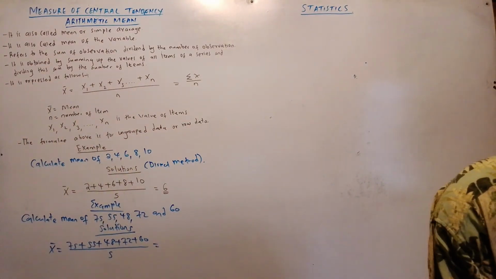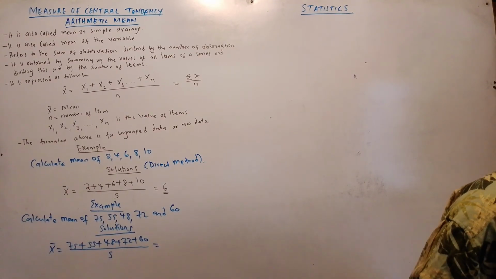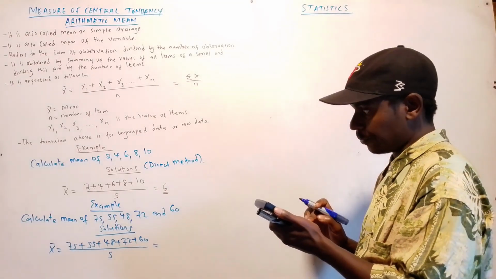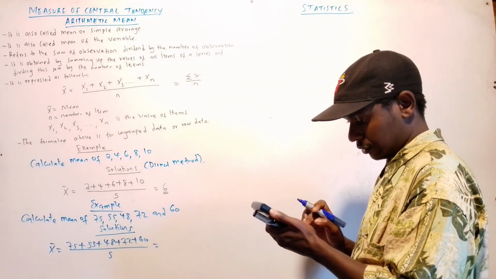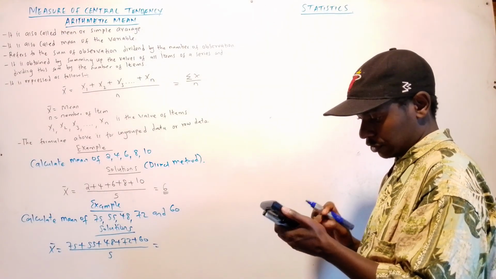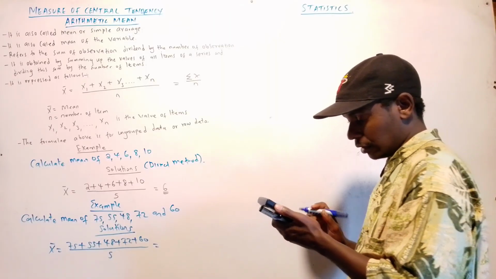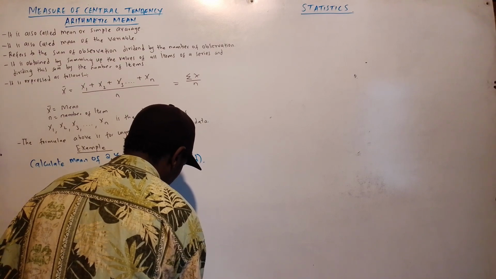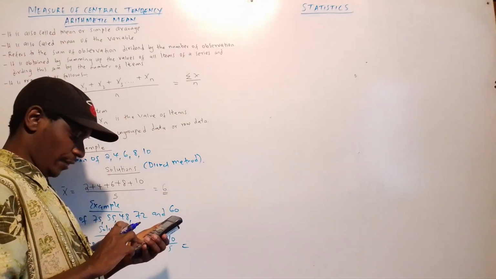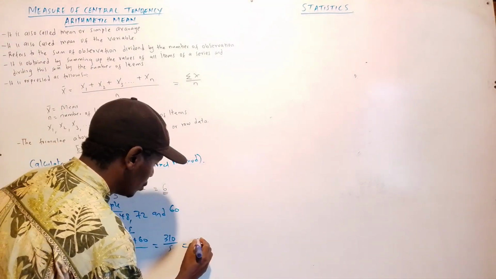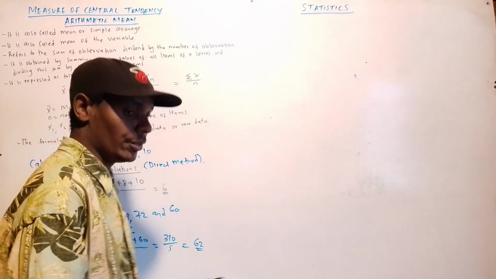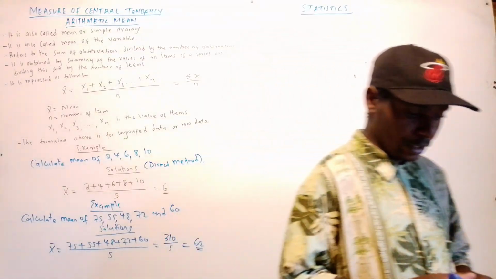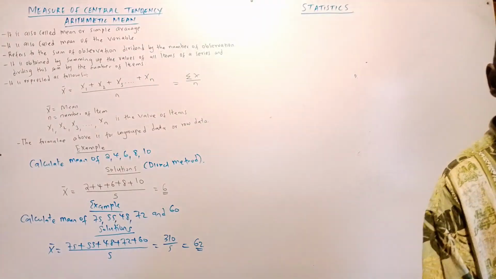So what will be the answer? 75 plus 55 plus 48 plus 72 plus 60 is 310, divided by 5. So 310 divided by 5 is 62. So the mean is 62. As you can see, we have used all the data.